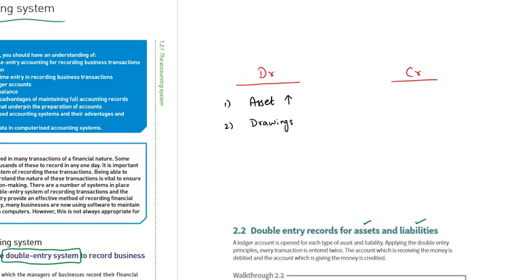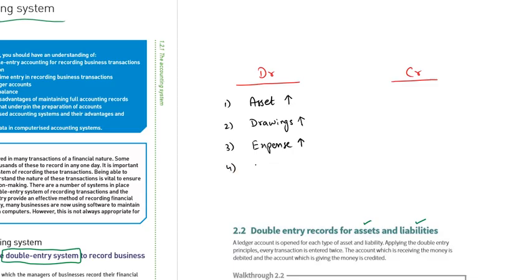The nature of drawings is also debit. If drawings increase, we debit it. Third one is expense. The nature of expense is also debit. If expenses increase, we debit the expense.